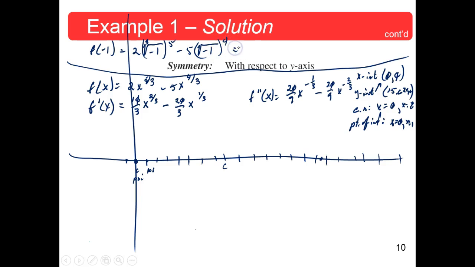Okay? Now what's -1 raised to the third, take the cube root of -1. -1. You raise it to the 5th power. -1. Multiply by 2, -2, right?